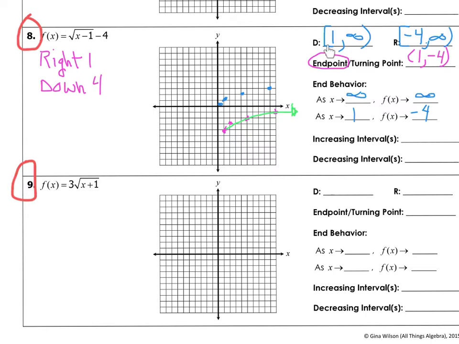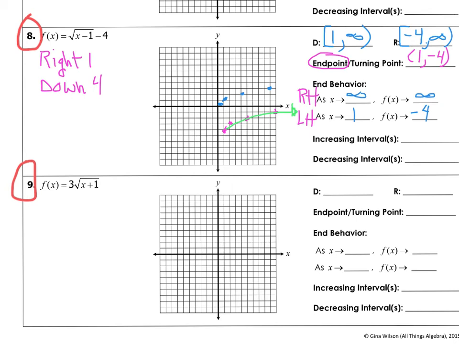So really, once you find the domain and range, you found your end behavior. This would be known as right-hand behavior, and this is left-hand behavior. And you could have mixed those up and put as x approaches 1, then this would have been negative 4. So I'm going to put here RH for right hand, and LH for left hand.